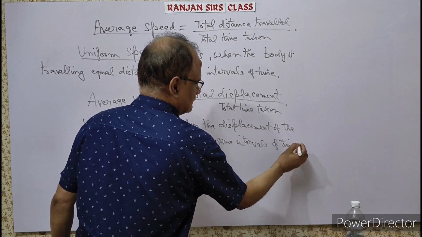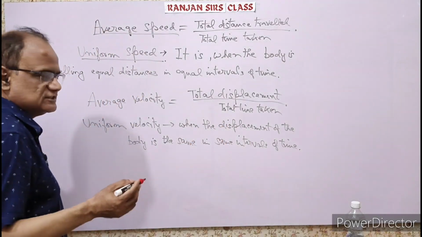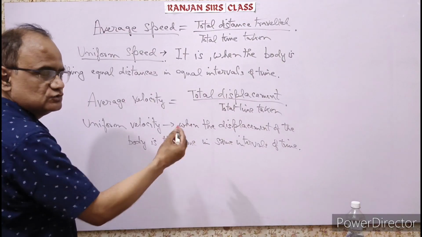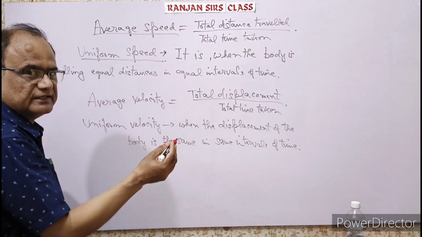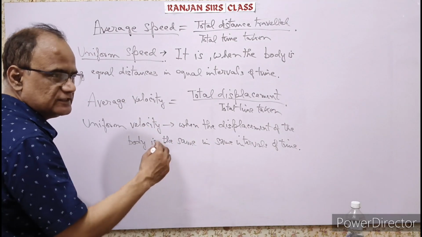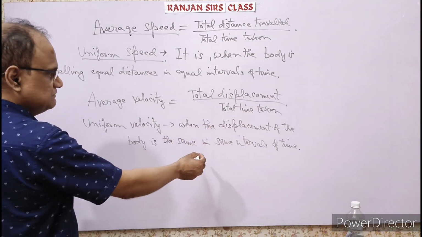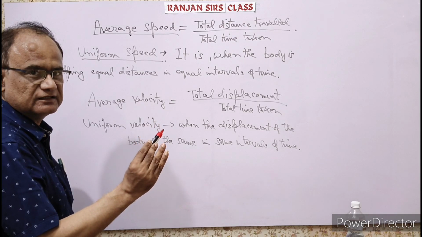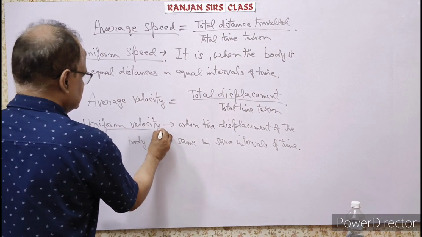For example, suppose the displacement of the body was 4 meters in 2 seconds, then in the next 2 seconds it has travelled another 4 meters, so the total displacement will be 8 meters. Then again in the next 2 seconds it travels 4 meters again. So we are seeing equal displacement in equal intervals of time. 4 meters it has travelled in every 2 seconds. Such a case will be called a uniform velocity.